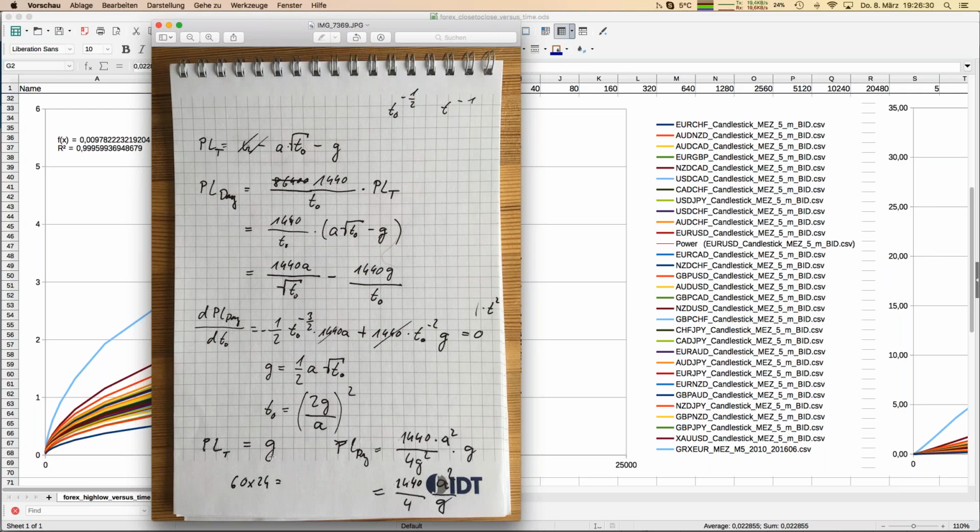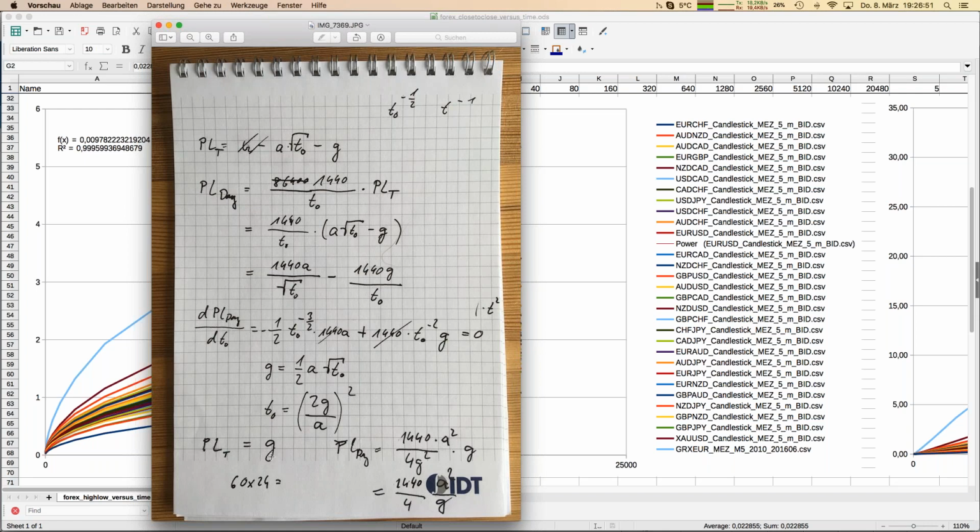So that is interesting. The best take profit level for that kind of strategy is exactly the cost itself. So we open a trade, I know, then we are in the minus, but the take profit for that specific trade we would set exactly to the costs.